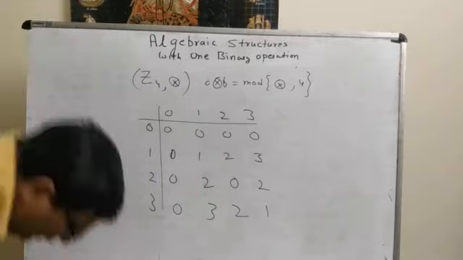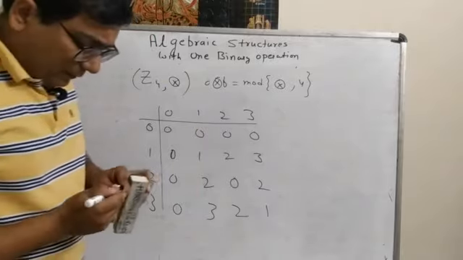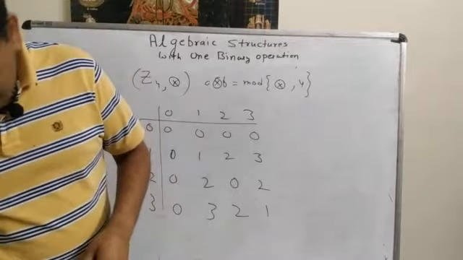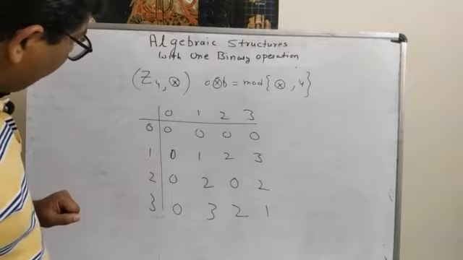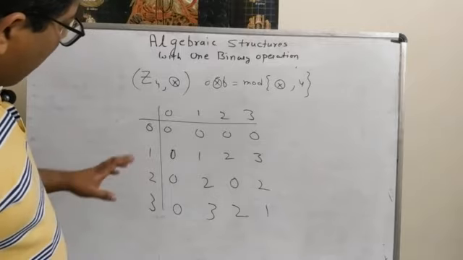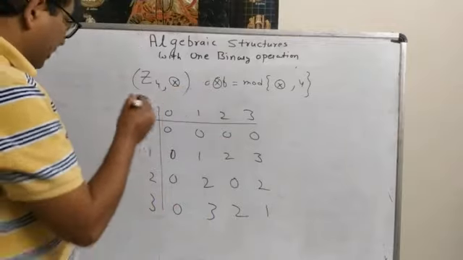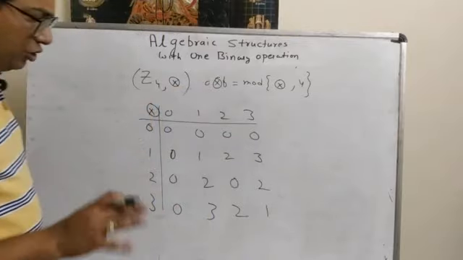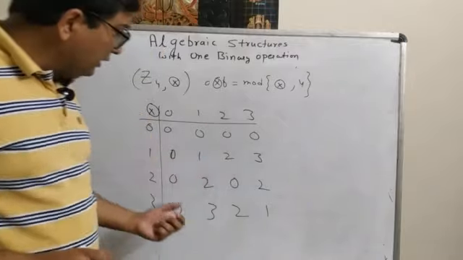Now if we see this composite table, we have certain observations. The first observation is that this operation, multiplication modulus, is closed, no doubt, because 0, 1, 2, 3 are the only elements in this composite table.